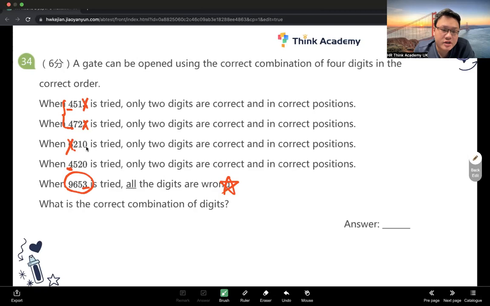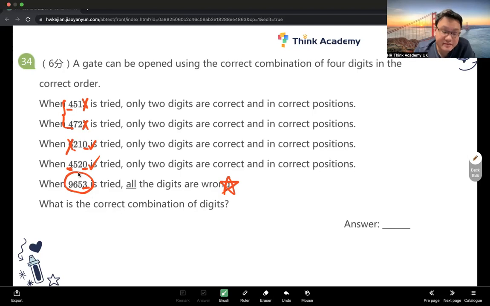Could it be possible that 0 is not correct? The last digit? No. 0 must be correct, guys. If 0 is not correct, you cannot find the last digit, guys. You see, for the last digit, you only tried 3 and 0, and they are both not correct. So you cannot find the last digit. That's why 0 must be correct.